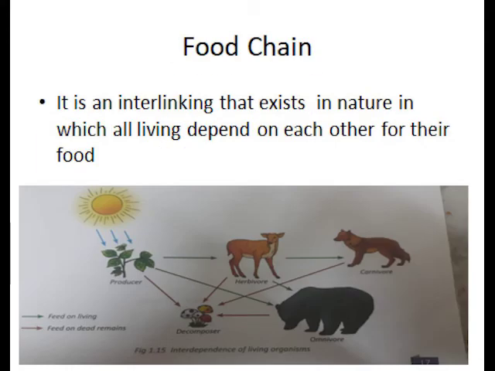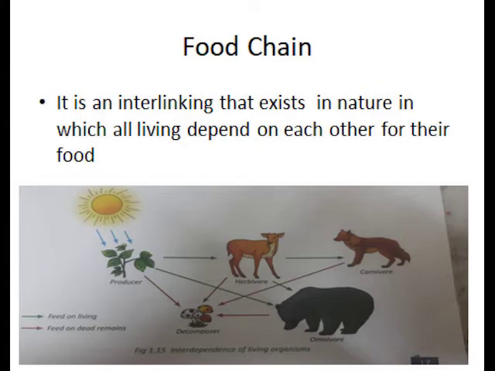All living things in nature depend on other living things for their food. All the living components of nature are linked to one another, forming a chain. This interlinking that exists in nature, in which all living things depend upon each other for their food, is called the food chain.